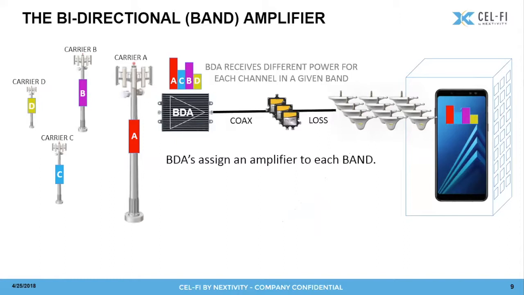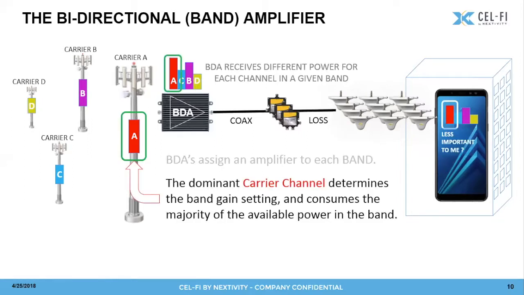You're going to be able to adjust it to a point based on how you aim your donor antenna, but it still becomes a bit of a challenge because the gain of a bidirectional amplifier for a given band is shared between all of the channels coming in within that band, which means the dominant carrier channel coming into the donor antenna is going to be the marker for which you set your gain, and it's going to consume most of the power of your amplifier.